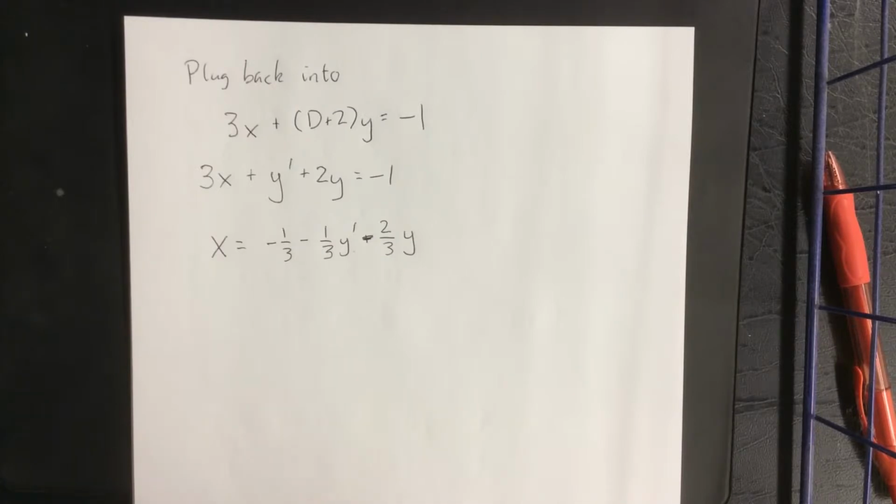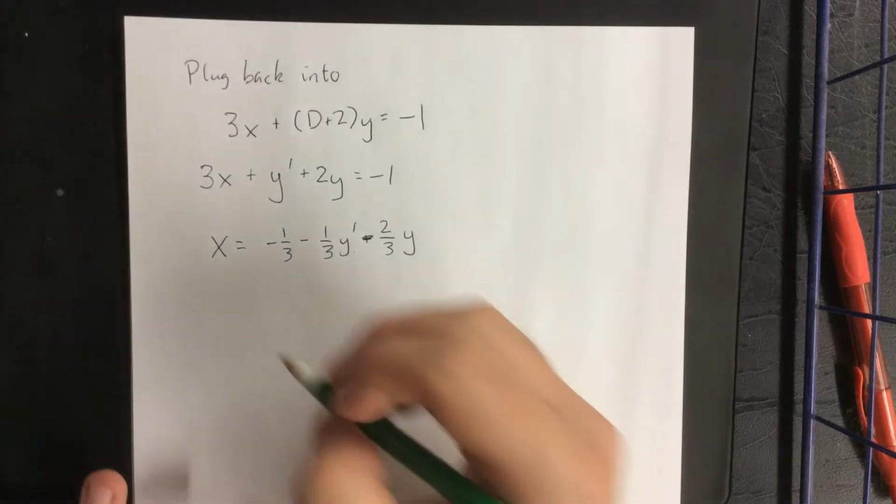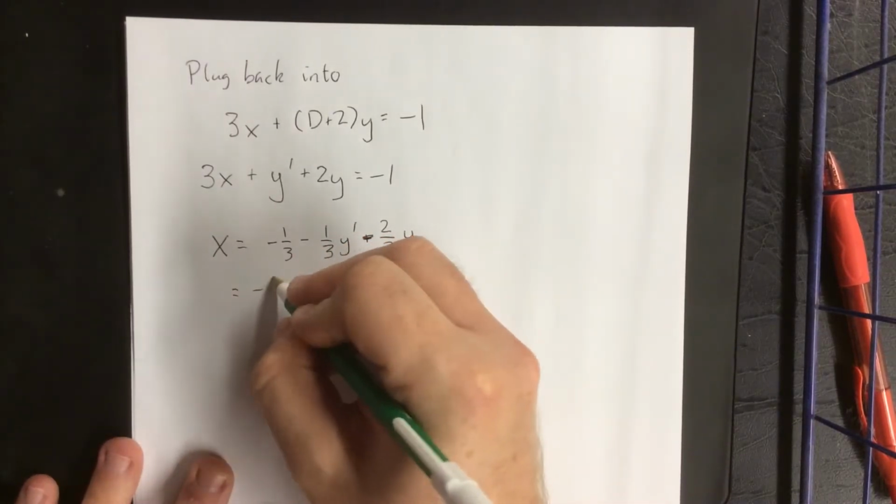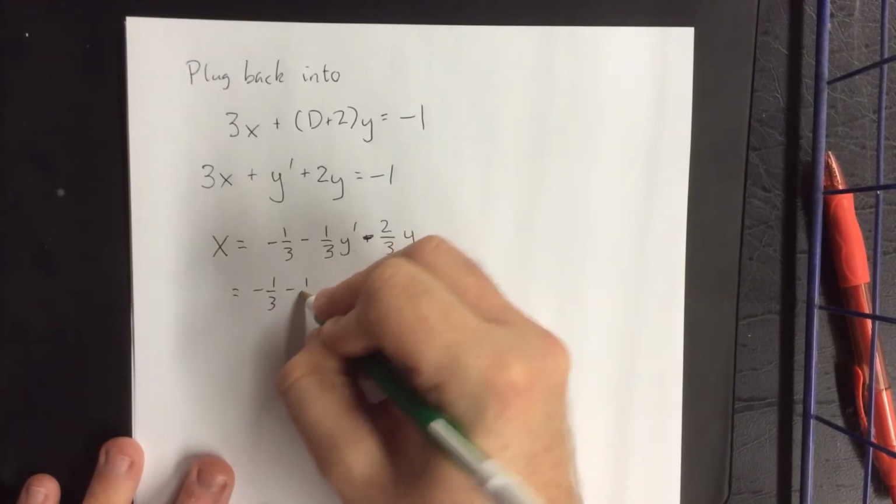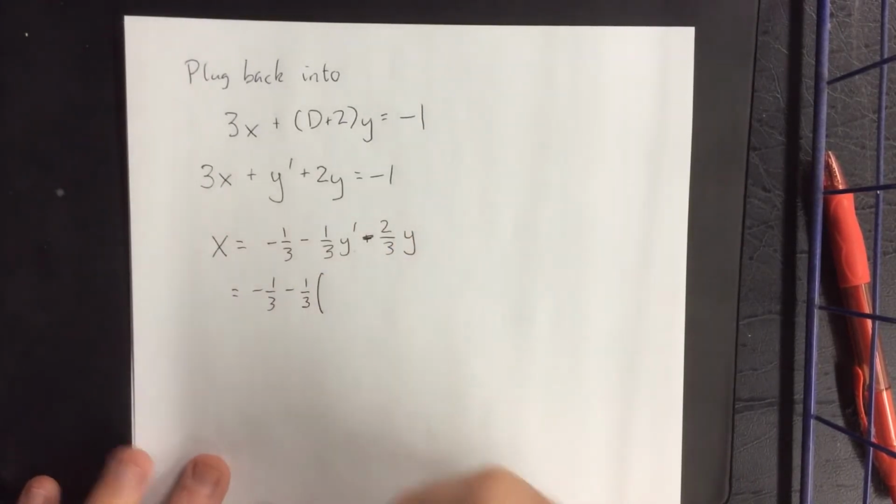Yes, that is much better. So at this point, this will be negative 1/3 minus 1/3 times y prime.